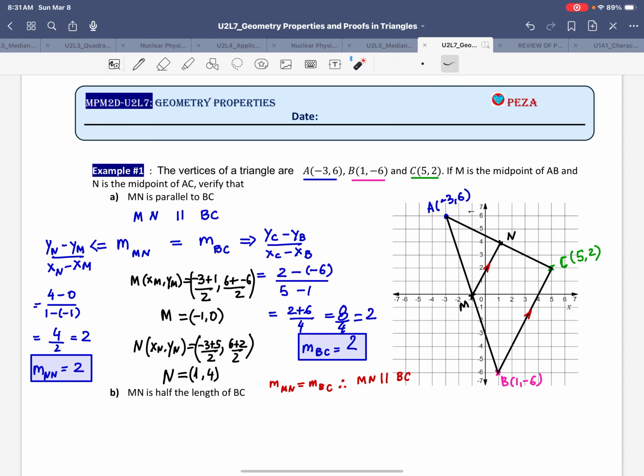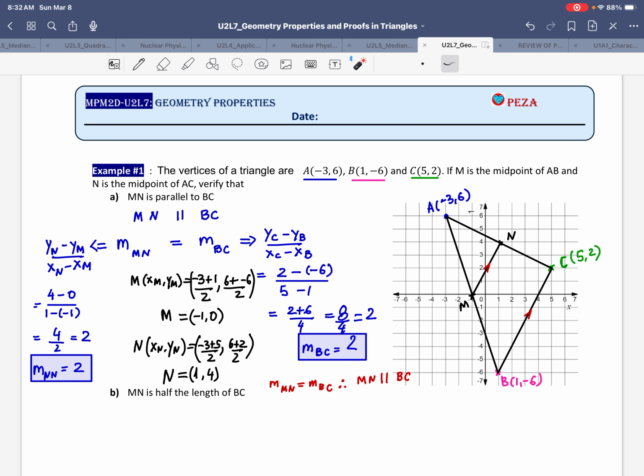Let's continue with example number 1. Recall that we were given the vertices of a triangle A, B, and C, and the midpoint of the side AB is M. The midpoint of side AC is N, and we connected the two midpoints, which by the way is called the mid-segment of a triangle.